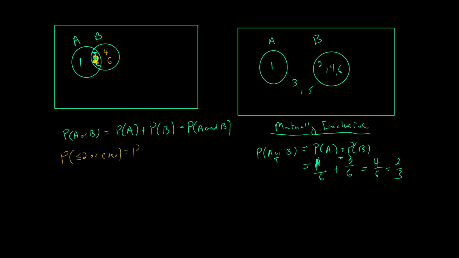We need the probability of rolling 2 or less, plus the probability of rolling even, minus what's shared. So the probability of rolling 2 or less is 2 out of 6, plus 3 out of 6, minus, well, they share 1 out of 6. And so that again gives 4 out of 6, or 2/3.